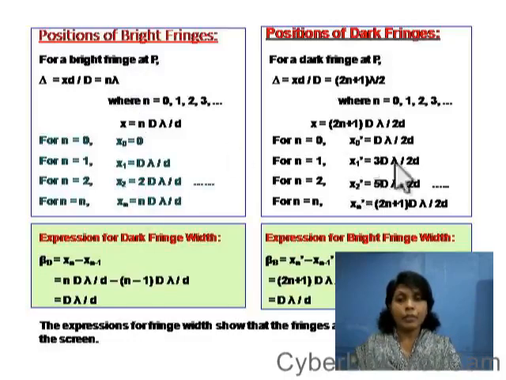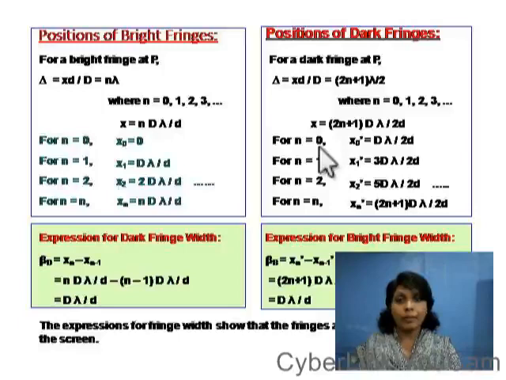Similarly, for path difference equal to 2n plus 1 lambda by 2, another condition, another way of representing it, where n is equal to 0, 1, 2, 3, etc. On either side, you get dark fringes.